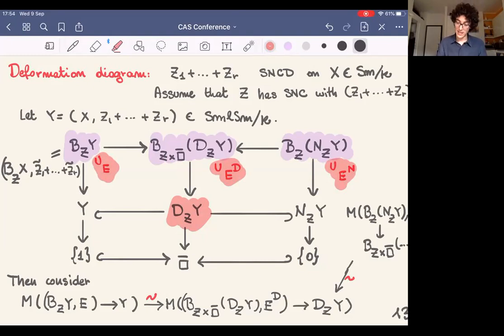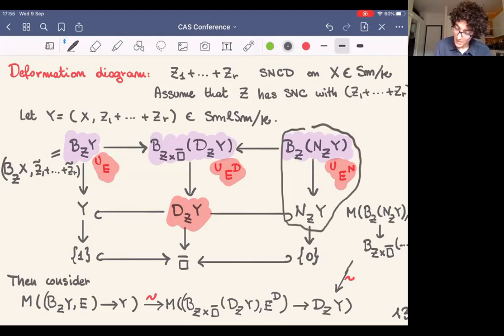Then the Gysin isomorphism boils down to studying the following zigzag. Notice that if you take the cone of this map here, which is what I wrote on the right, this is exactly the definition of the motive of the Thom space that I gave in the previous slide. So on the left you have the replacement of the cone of the map from the open complement of z in y to y.